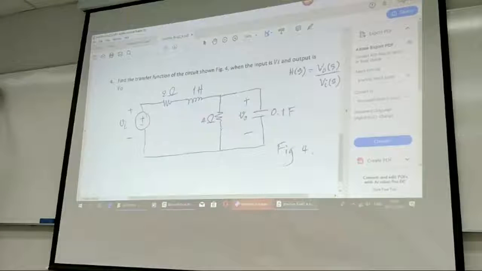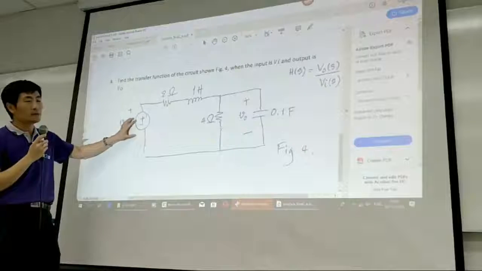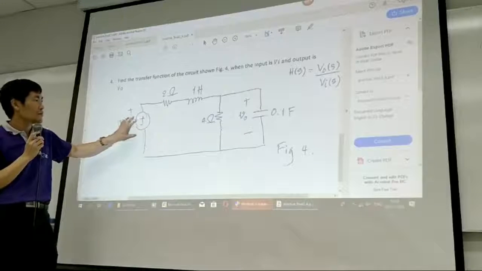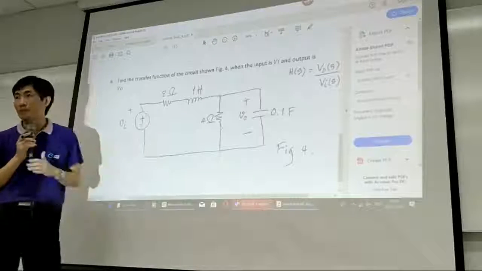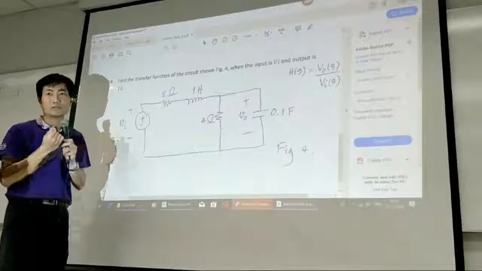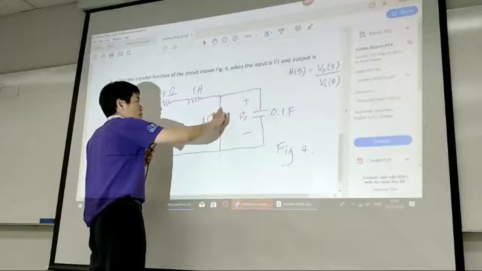So basically, if we look at the circuit as a linear system and we look at something inside the circuit, there must be an input. Input must be the source. You may have 1 input, 2 inputs, 3 inputs, and the output of the circuit could be anything you look at. For example, the voltage across the resistor.